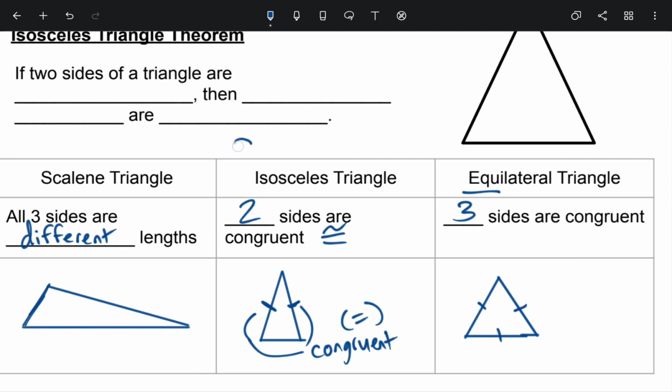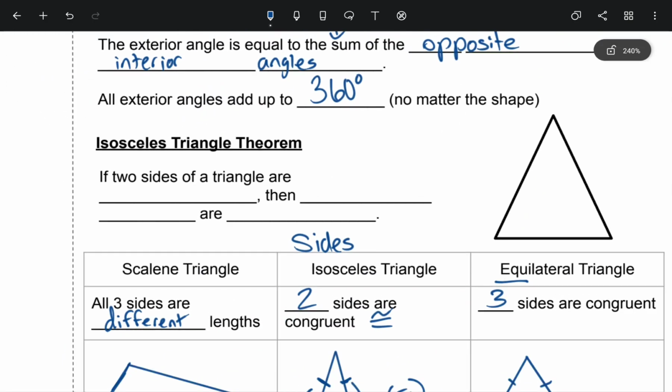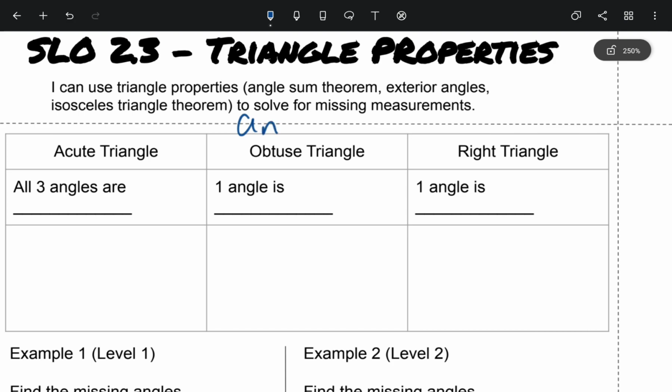Now, all of these were describing the triangles by their sides. On the next page, we're going to look at how to describe them by angles. So now you might recognize some of these terms: acute, obtuse, and right. And we use those to describe triangles as well based on their angles.